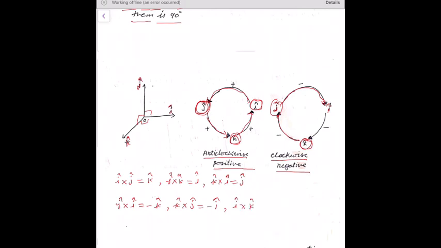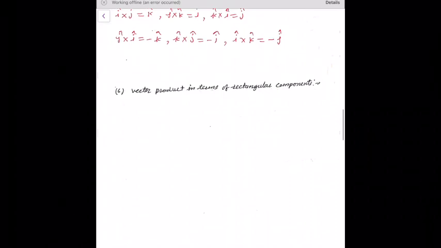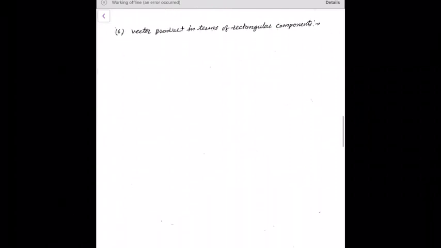And next, i cap cross k cap is equal to minus j cap. Clear?